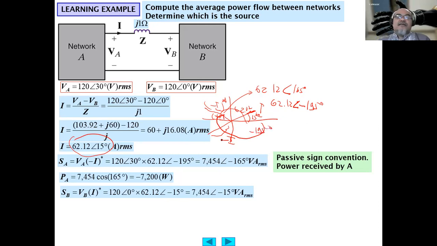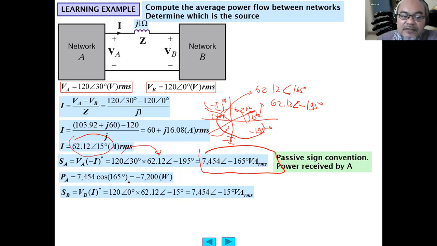Either way, you will obtain this value later: 7,454 times this 30 degrees. If you use 165 degrees, then it becomes 30 plus 165, equal to 195 degrees, and the cosine of 195 degrees is also a negative value.